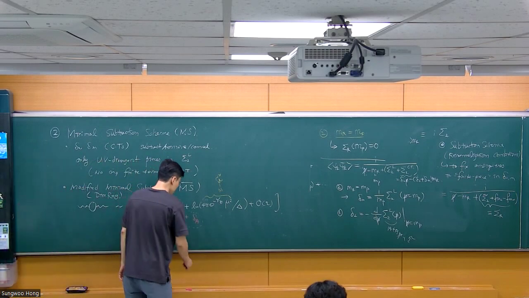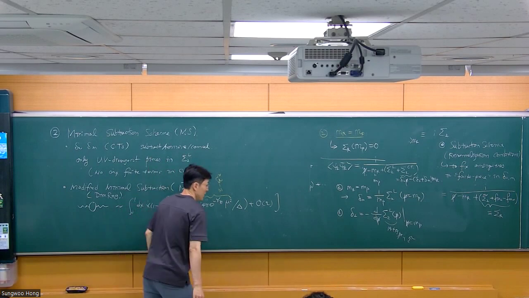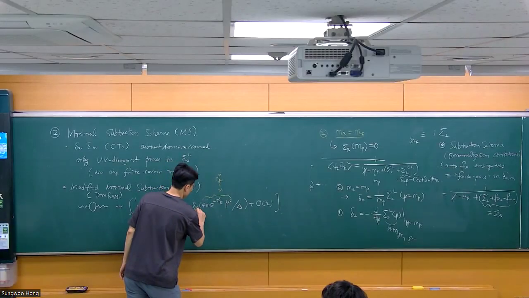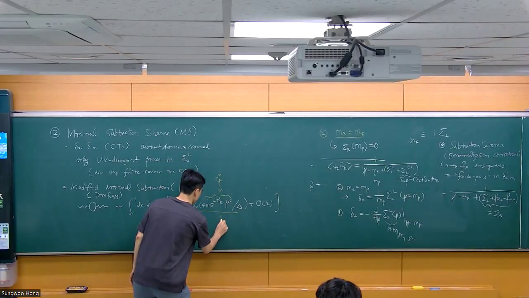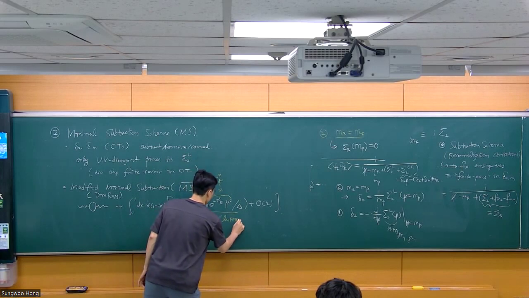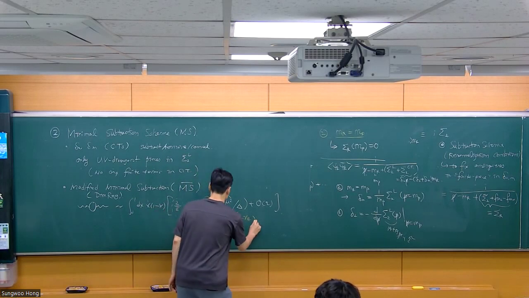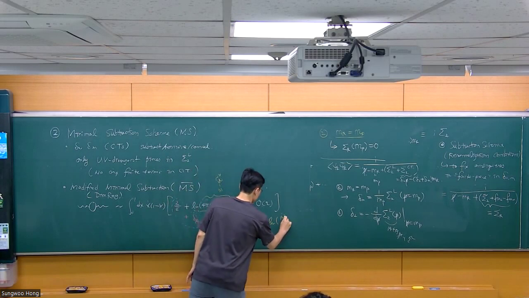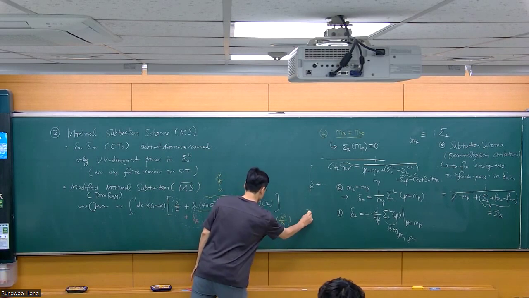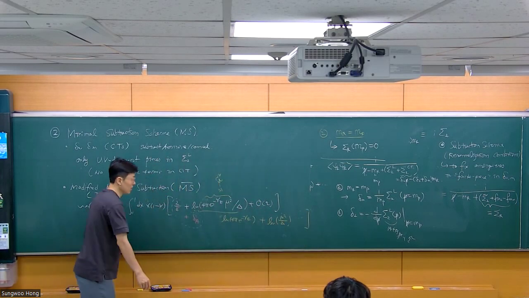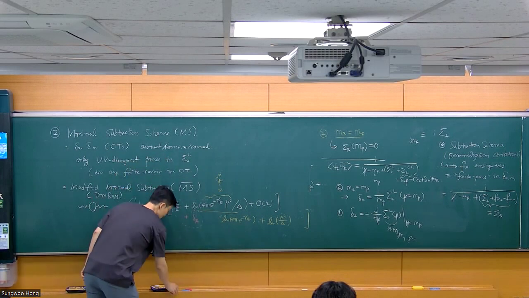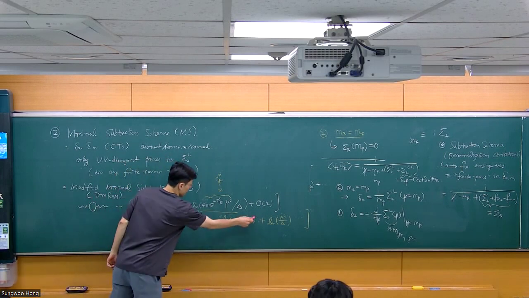But if you have done the MS bar scheme, then to that end, let me rewrite this piece here. So this piece here can be rewritten as the extra 4 pi e to the minus this, and then log of mu squared over delta. Okay, so since in dim reg, this junk right here is ubiquitous, you can just set a clean designated goal to swallow this thing as well.